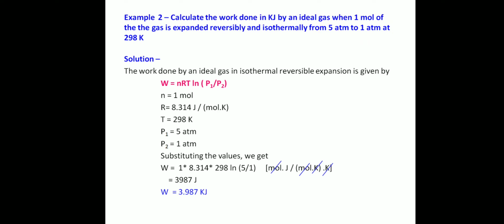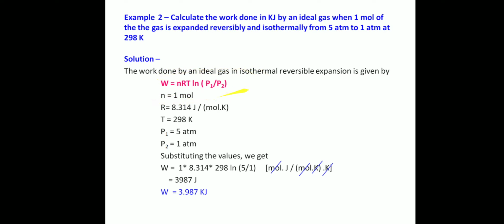We must know, and we have already discussed, that for the reversible isothermal expansion the formula for the work done is W is equal to nRT ln P1 by P2.